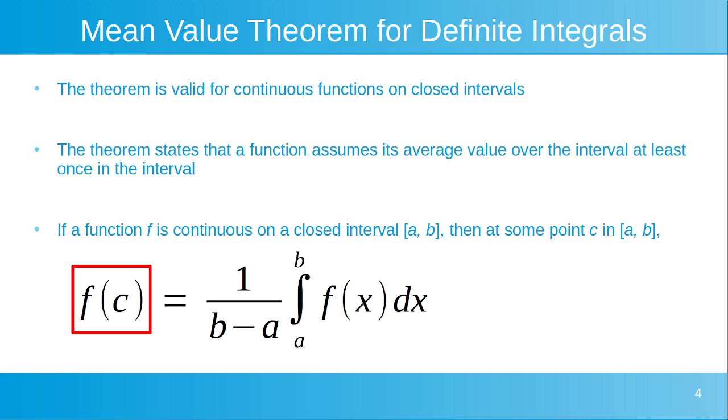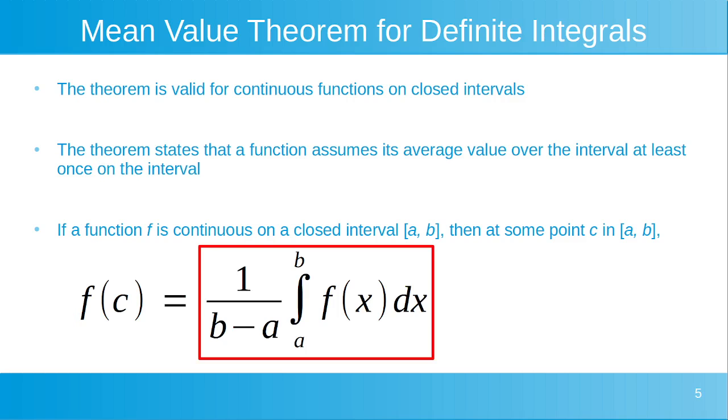This term f of c is the value of our function f of x for a particular x value, x equal to c, where x equal to c is on that closed interval from a to b.